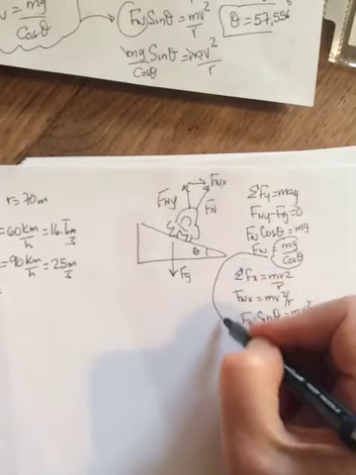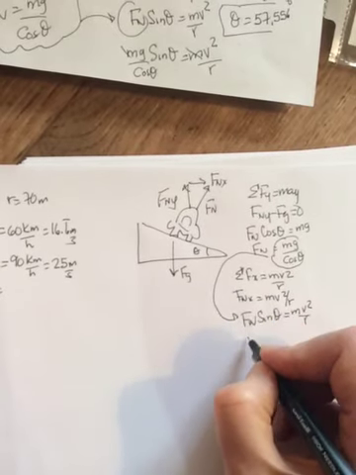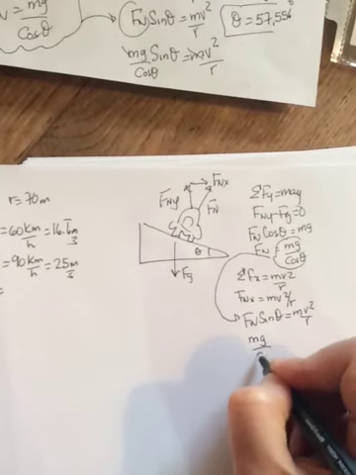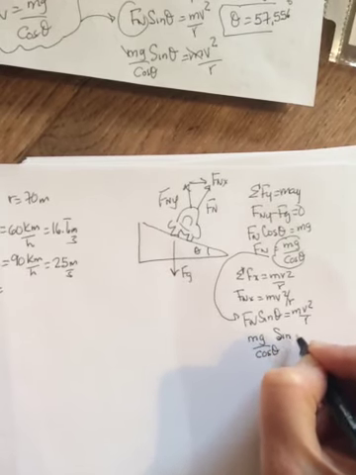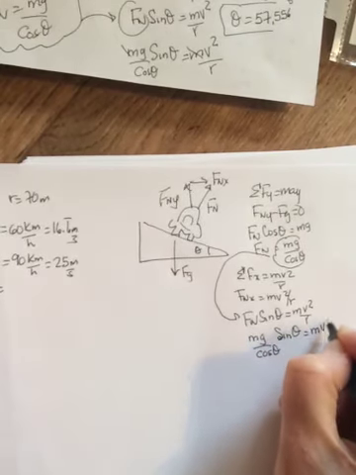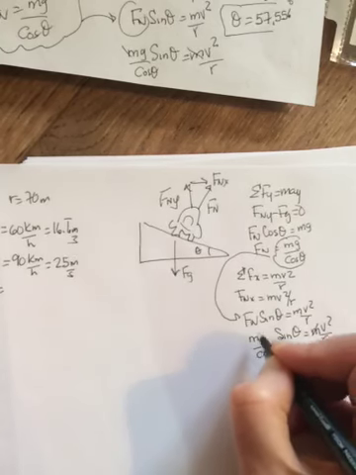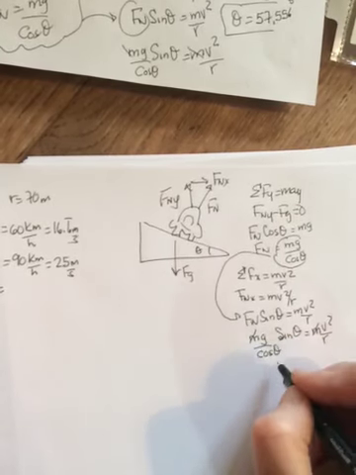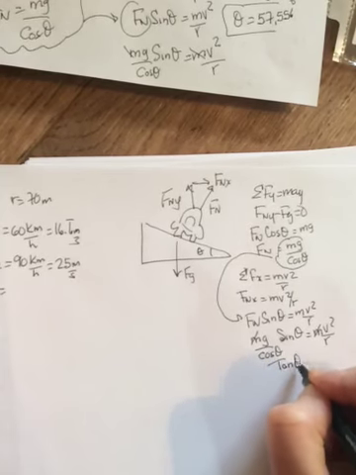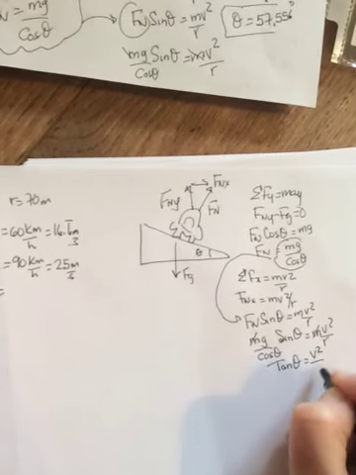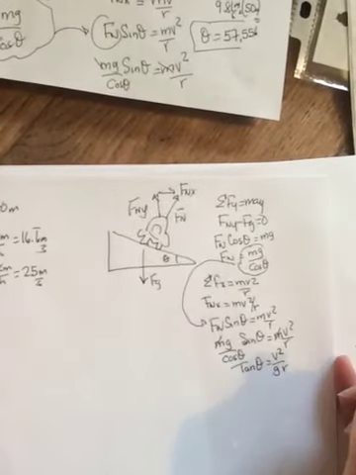And so then where the Fn is, fill in your mg over cos theta times sine theta is equal to mv squared over r. The m's cancel. Sine over cos becomes tan. Take the g down. So tan theta is equal to v squared over gr.